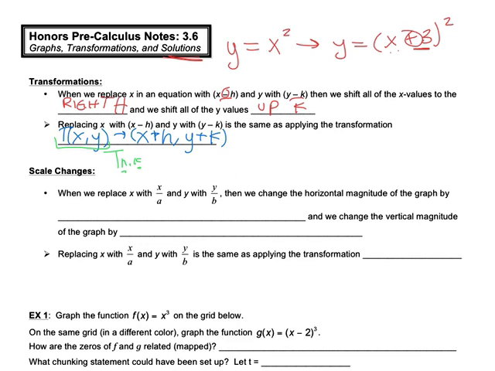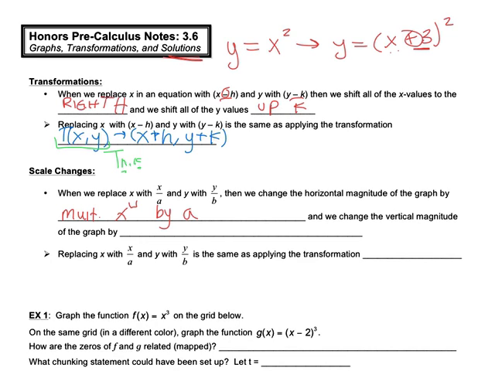So when we replace x with x divided by a and y with y divided by b, then we change the horizontal magnitude, meaning we're going to stretch this by multiplying all of the x's by a.